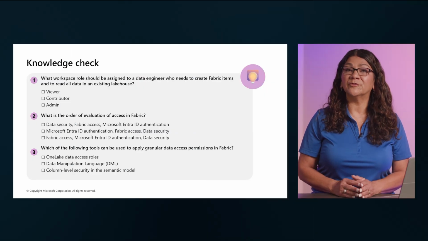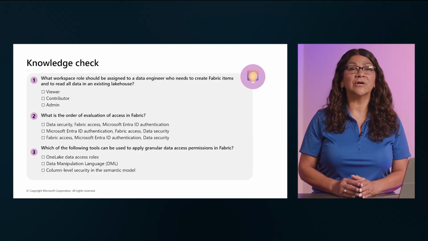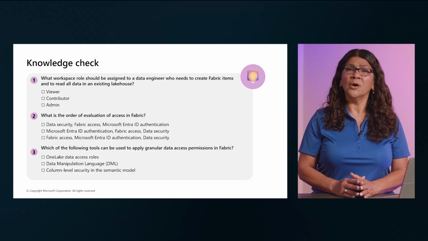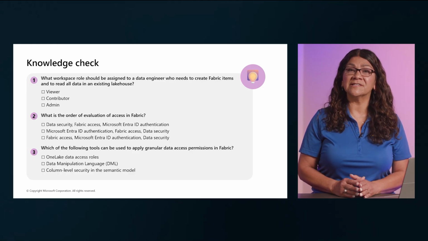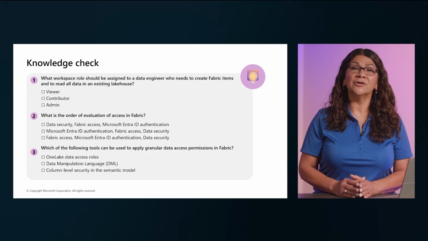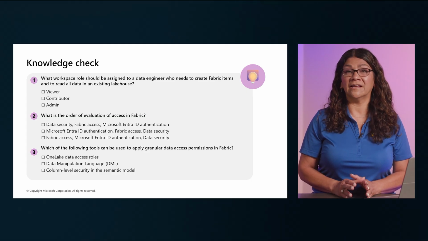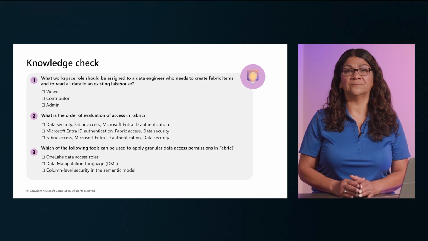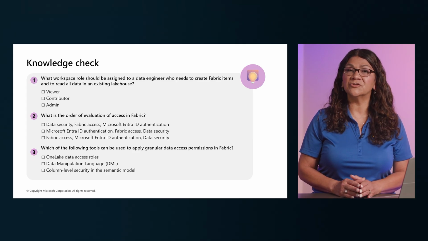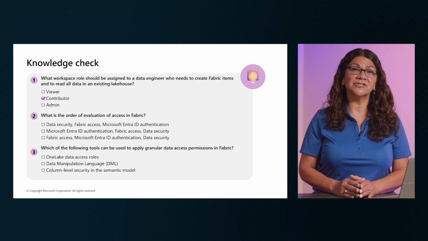Now it's time for our knowledge check. Question 1. What workspace role should be assigned to a data engineer who needs to create Fabric items and read all data in an existing lakehouse? Answer: contributor. Question 2.